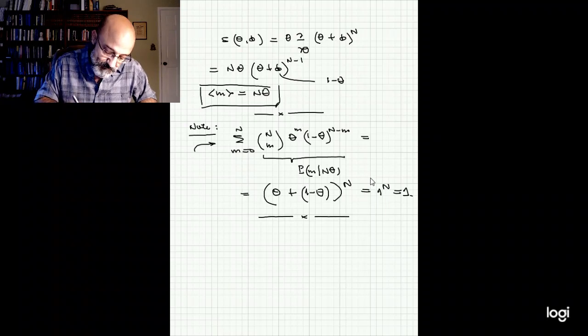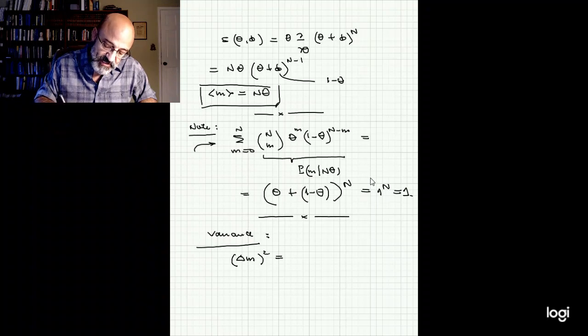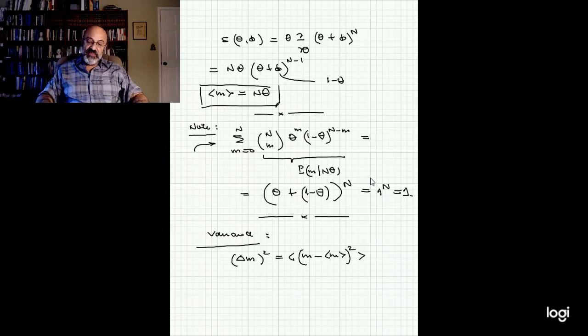How do we compute the variance? The way to compute the variance is to take the quantity, calculate deviations from the mean, take the square, and then average. So it is the average of the square of the deviations from the mean.